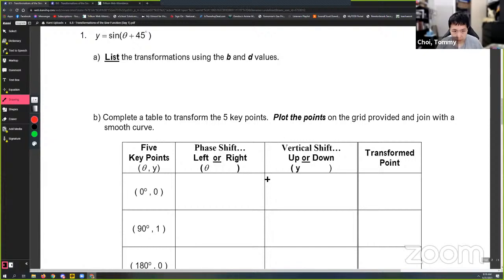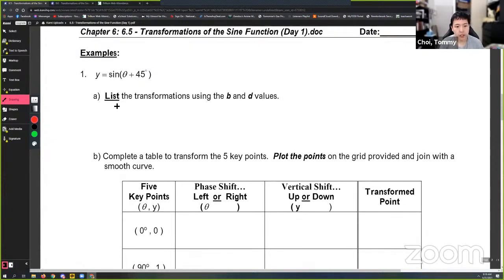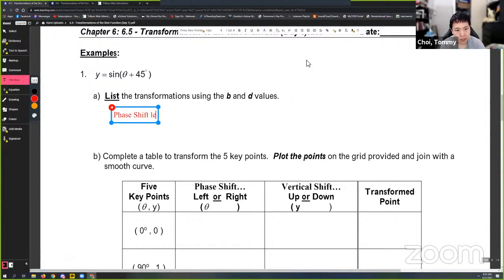So first, let's list the transformations here. We have a positive 45 inside the bracket, and positive 45 means it shifts to the left. So it's a phase shift left by 45 degrees. Is there a vertical shift?